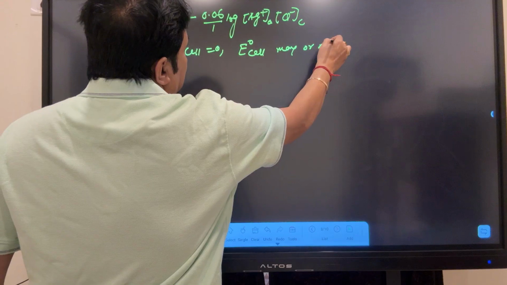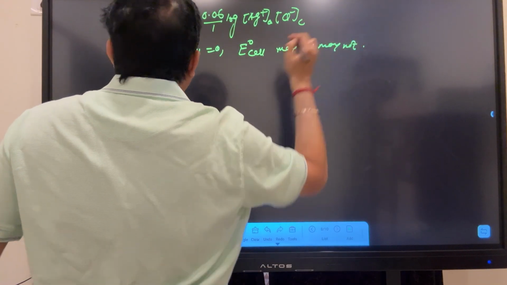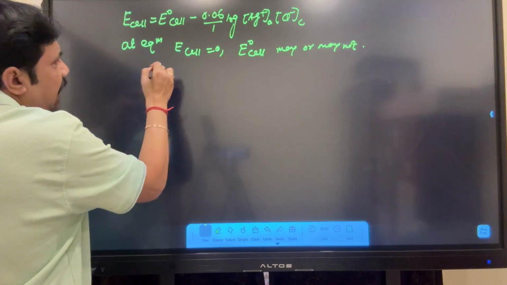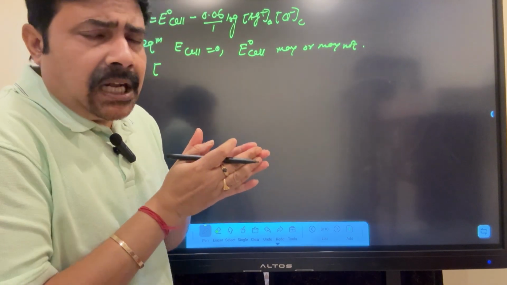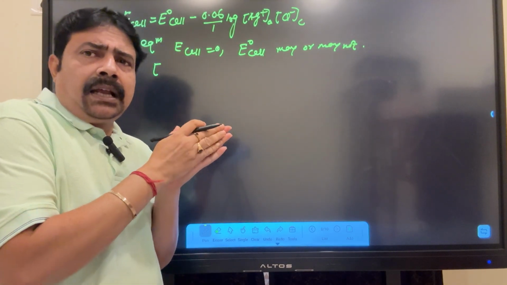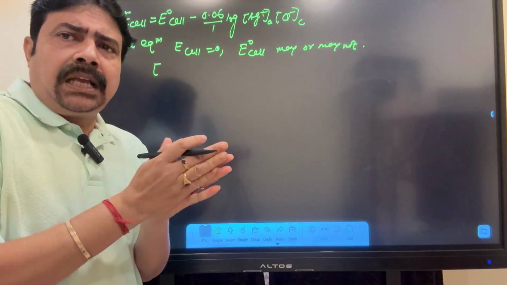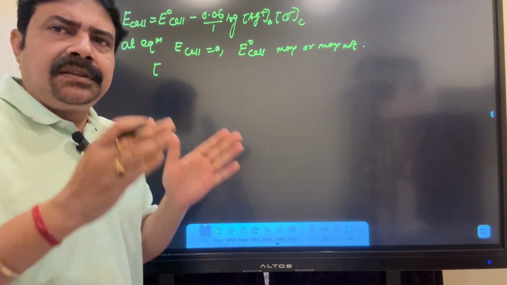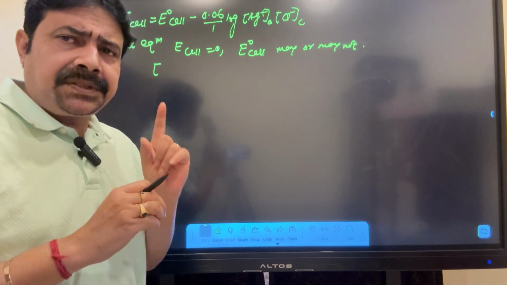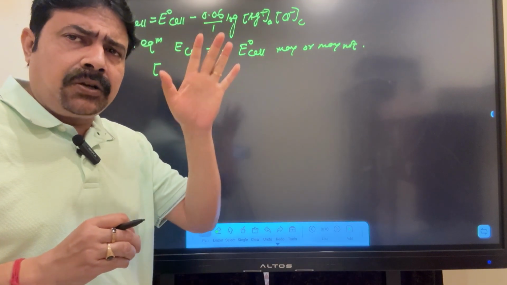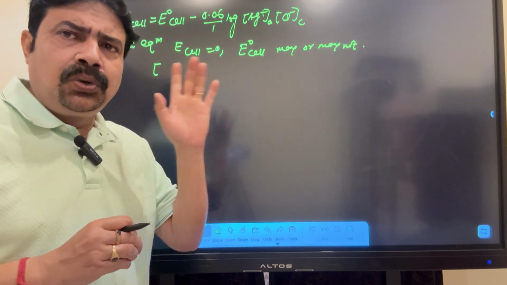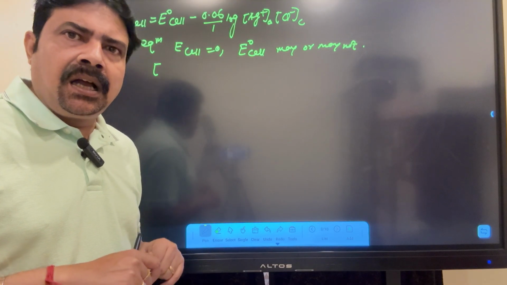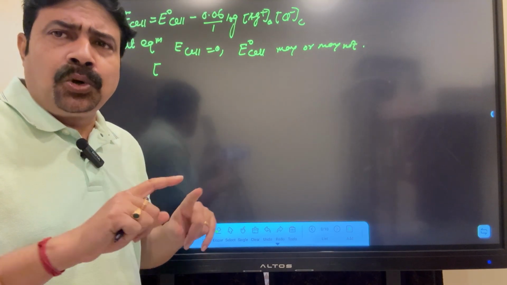Another thing: this is like a concentration cell, with silver ion at the anode and silver ion at the cathode. Only when there is no concentration gradient do they reach equilibrium. If a concentration gradient is there, electrons will flow from anode to cathode to equalize the concentration of Ag plus in both compartments.